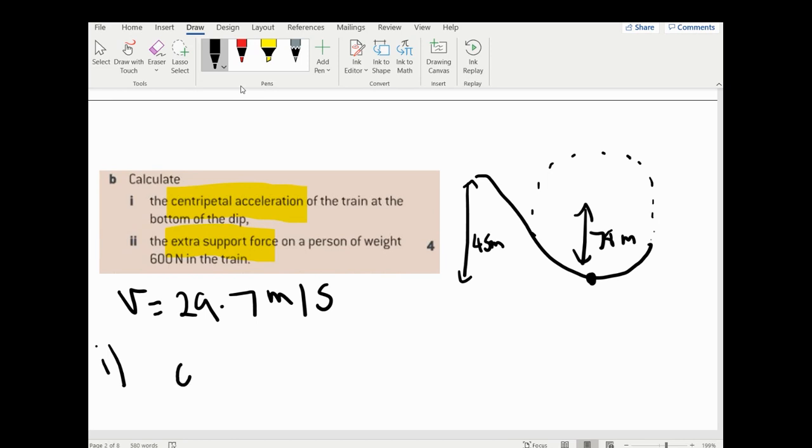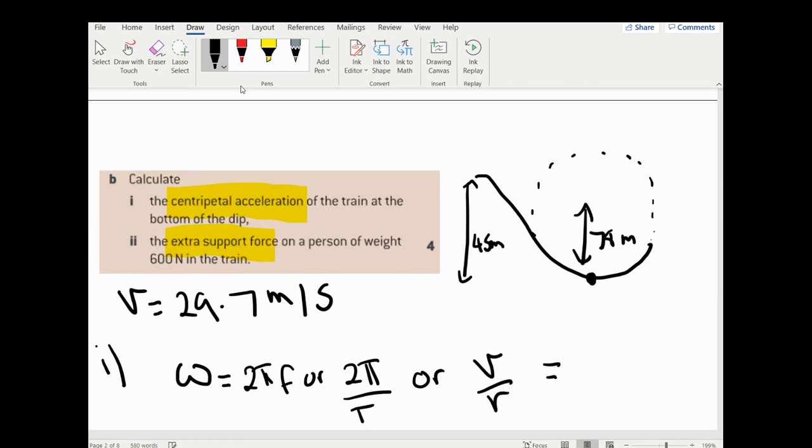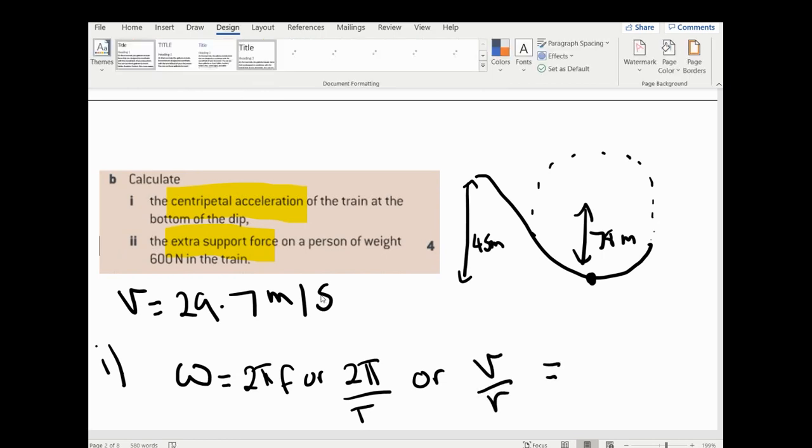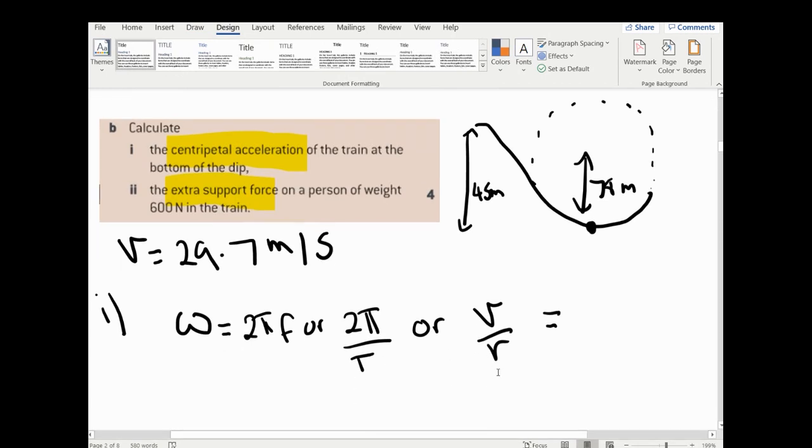So again, I'm going to do my first thing. I'm going to find out what omega is. So I know that omega is 2 pi f, or 2 pi over T, or of course omega can be v over r. It's actually quite useful to know that, because v equals omega r. So I'm just going to divide here. We're talking about this circle, so it's going to be 29.7 over 78.